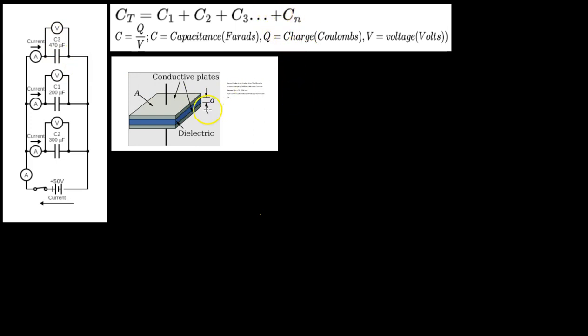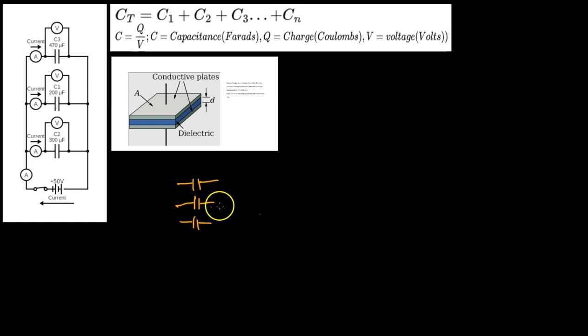So why is that? When they're in parallel, like here, what you have to think of is that you're not increasing the distance between the conductive plates. All you're doing is kind of stacking them on top of one another like this. So I won't draw the full circuit, but I'll just draw 3 capacitors. Those are C3, C2, C1, 3 capacitors.